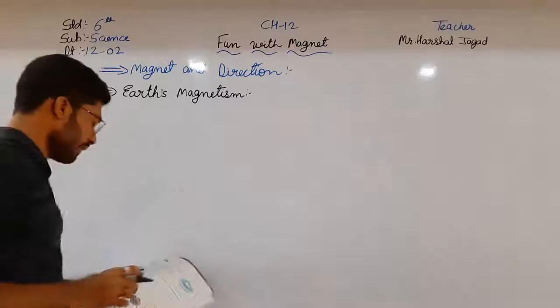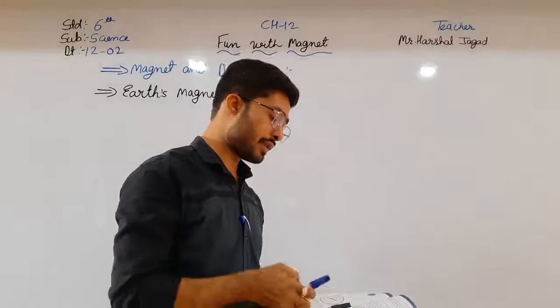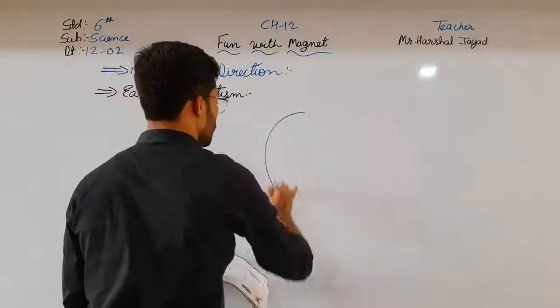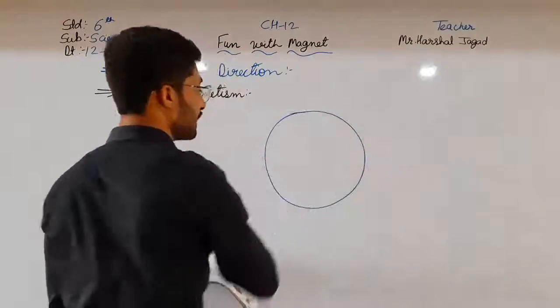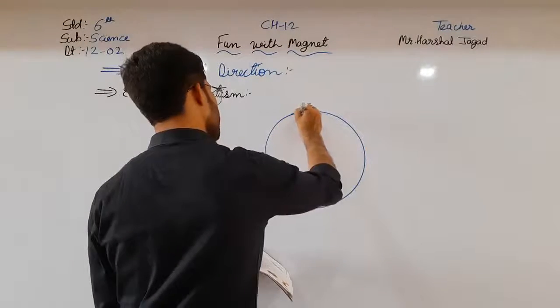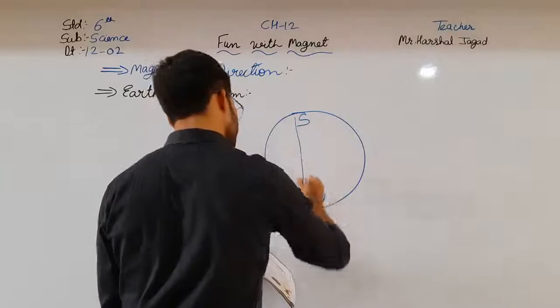So here you can see first of all the figure of the earth magnetism. Here you can see there is a globe like this. Okay, and here is the south and here is the north, a bar magnet.